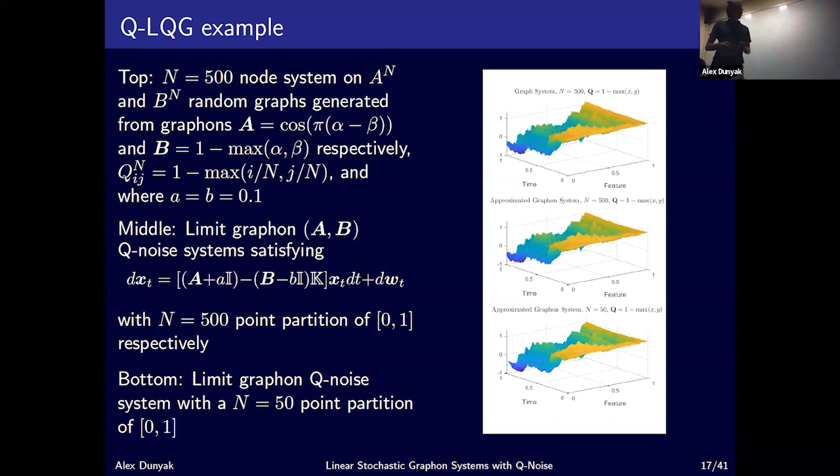And you can see that despite using only 1/10 the number of grid points to simulate the original 500 node system, the 50 node partition still has the same general trajectory of the system.